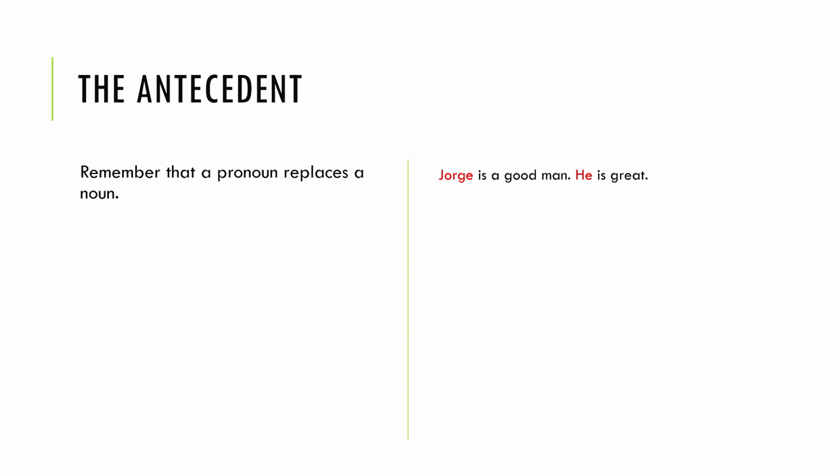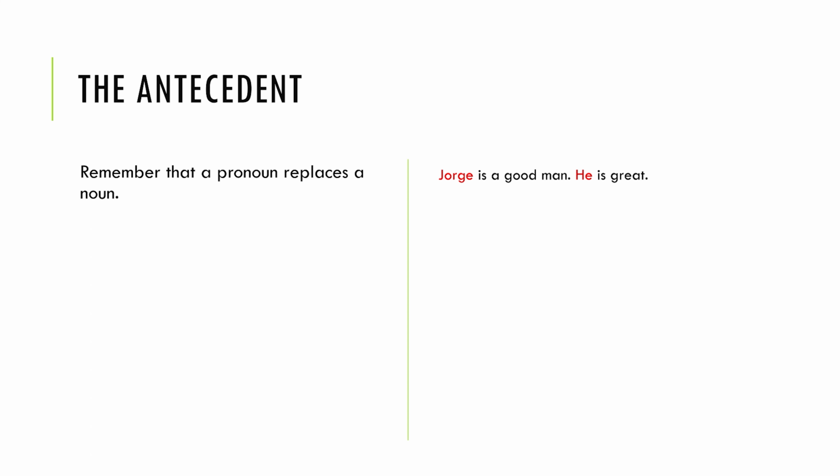That is, you don't have to say George is a good man, George is great. Once you've introduced your topic in a paragraph, you say George is a good man. You can use he for the rest of the paragraph. As long as you know you're talking about George, you can say he is all day long.